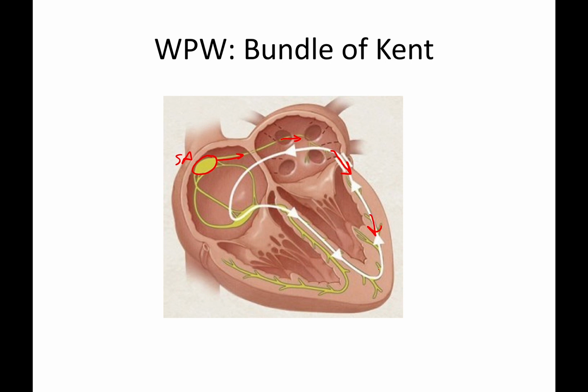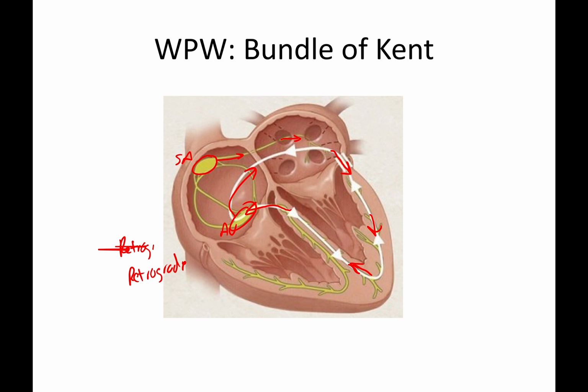And so now you have this beat traveling from completely the wrong direction. In fact, if things time out right, you could even travel retrograde through the AV node and back up and back around that way.